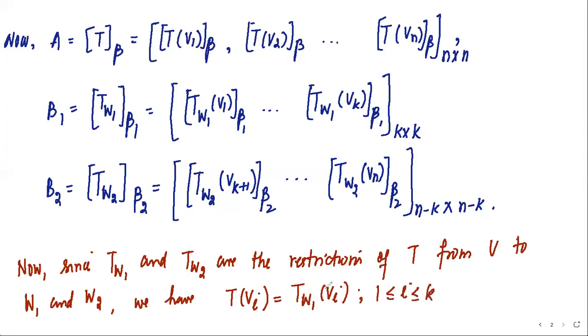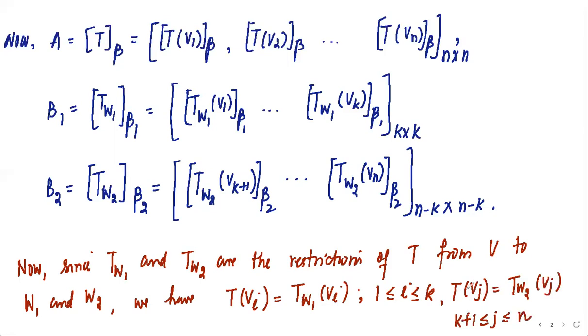If this Vi is an element from the basis beta 1, then we have T of Vi equal to TW1 of Vi, and this comes from the definition of the restriction of the linear operator TW1 from the linear operator T. And similarly, we have T Vj equal to TW2 of Vj, where k plus 1 is less than or equal to j and less than or equal to n.